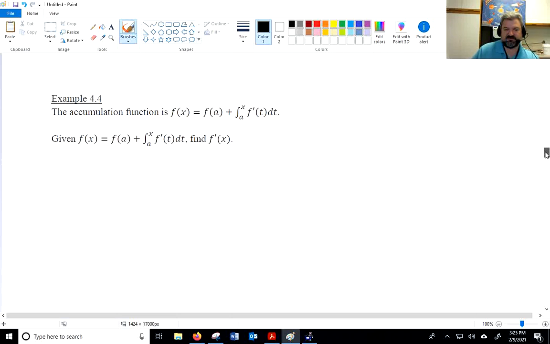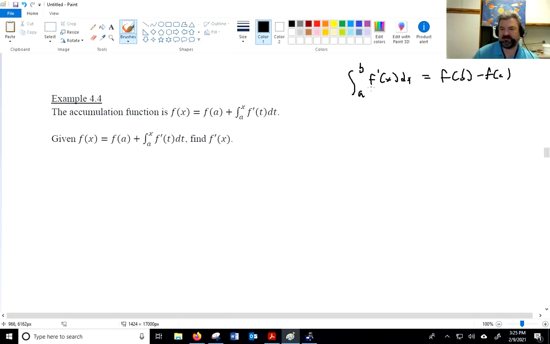Okay, lastly, I have an accumulation function example. The accumulation function, you might remember, we talked about earlier, but we didn't use the letter x. We said, look, the Fundamental Theorem of Calculus says that the integral from a to b of f prime of x dx is equal to f of b minus f of a.